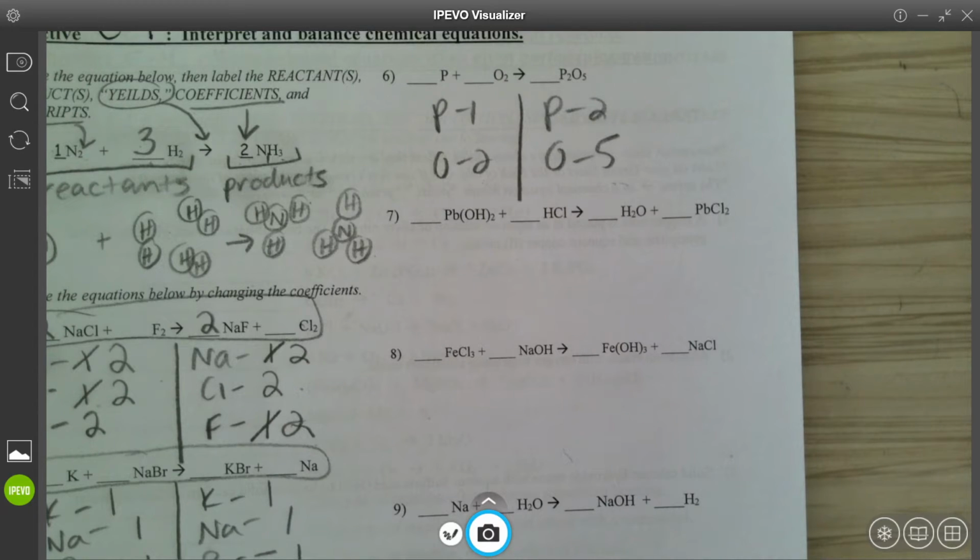I did one. I got number 10. Progress. Focus on the O's. What would you put there to get the O's up? No, wait, why did... whoa.